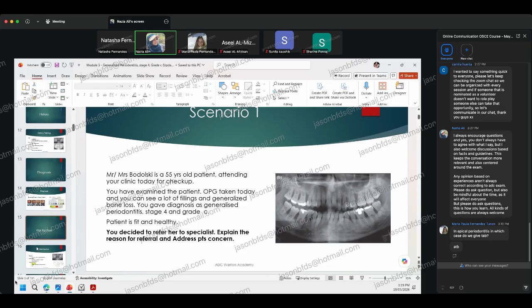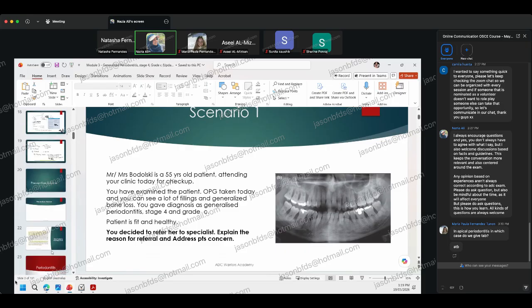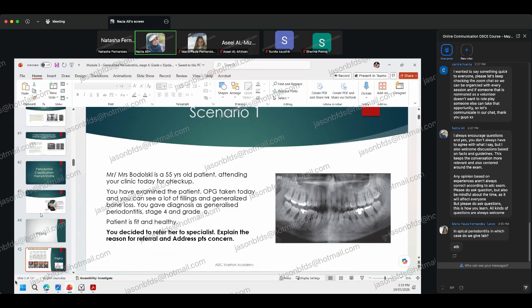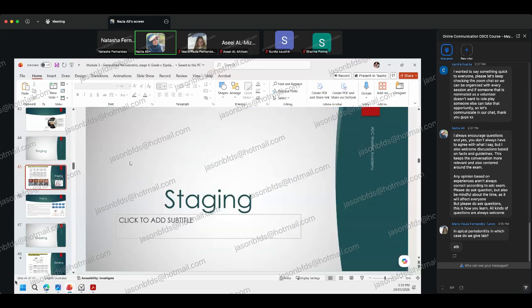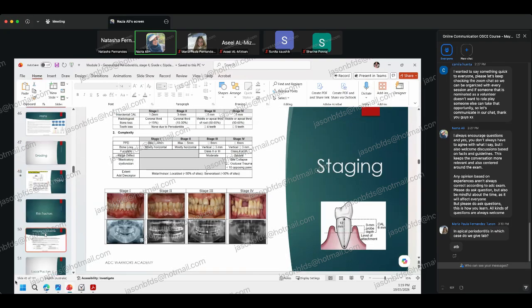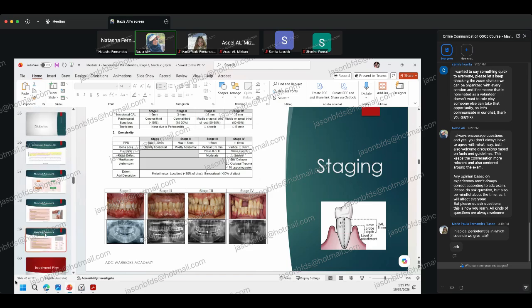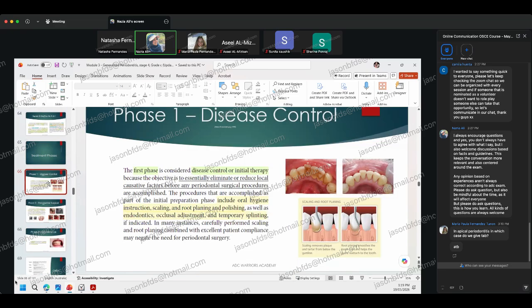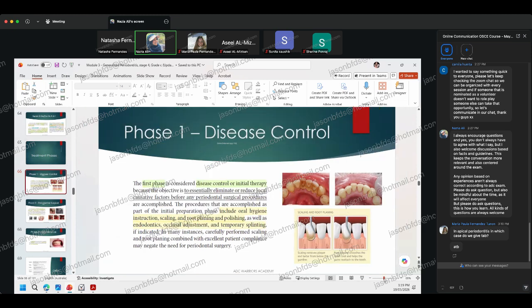Would you be able to stage or grade it? That's what they're testing, right? Periodontal examination or charting is not the only way to do the staging or the grading, so they're looking at whether we understand the other criteria. And two, if somebody comes with stage 4 grade C, they are expecting that we know the different phases of periodontal treatment: phase 1, phase 2, phase 3. That's the conversation we're having with this patient.